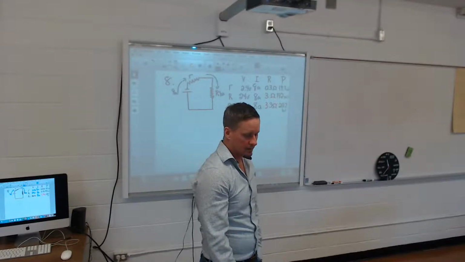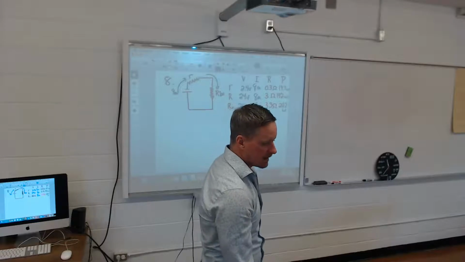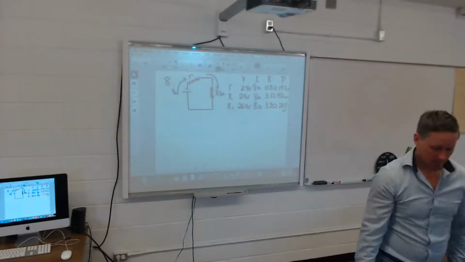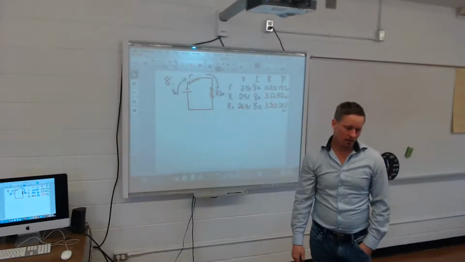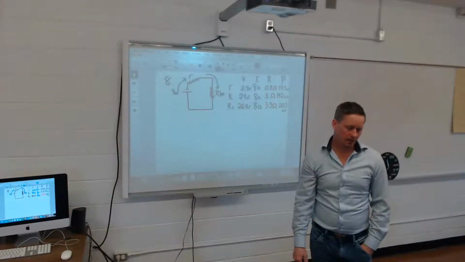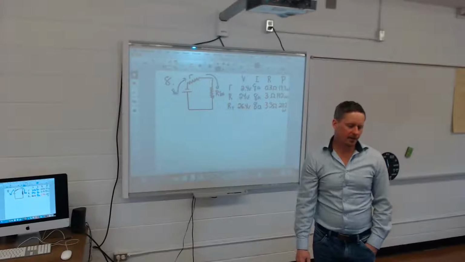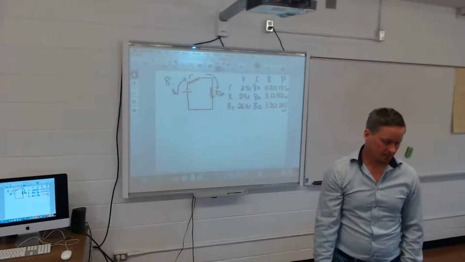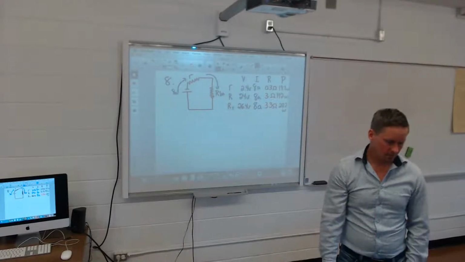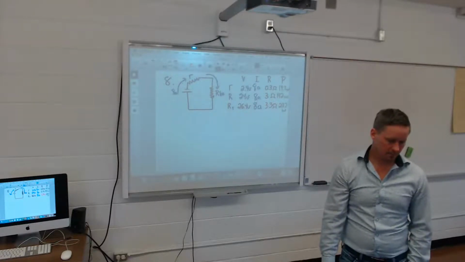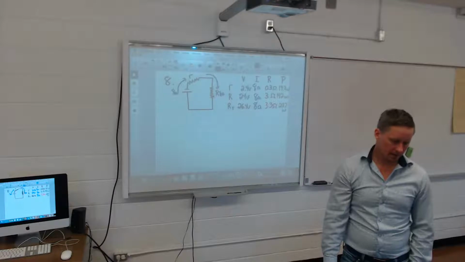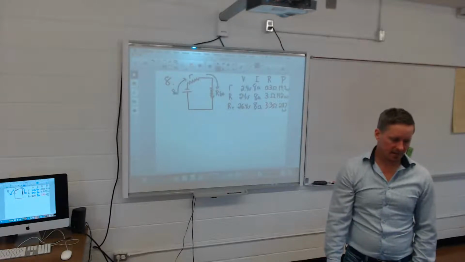Mr. Newton, I can't see your screen. You can't see my screen? No. Okay, so how do I do this? Okay, put your camera on yourself, Justin. Try it this way. Okay, great. So now I can see your ceiling at least.